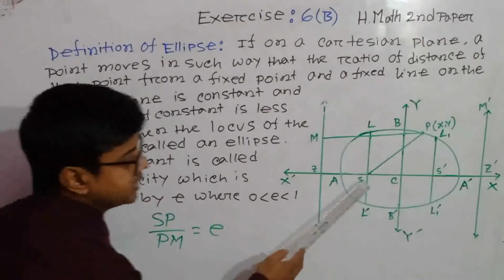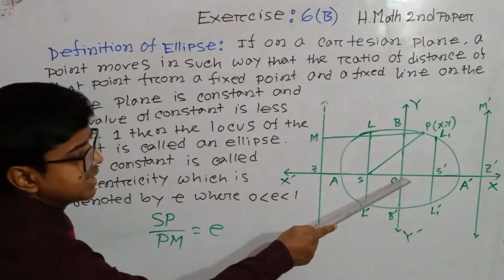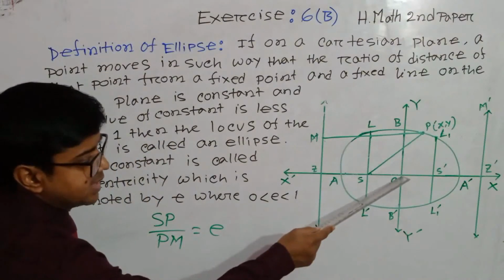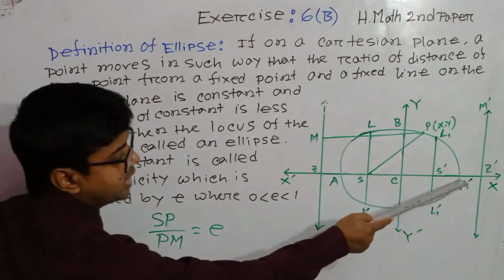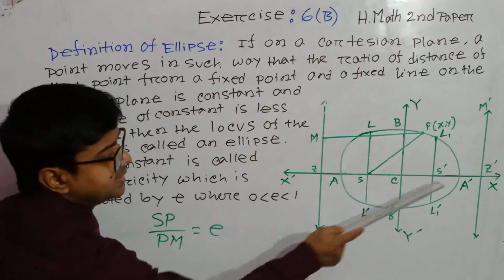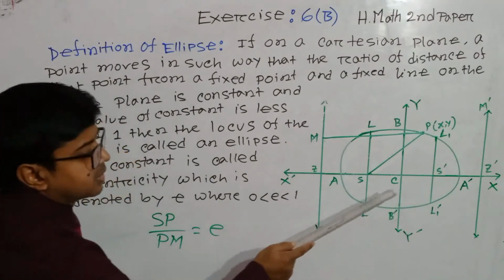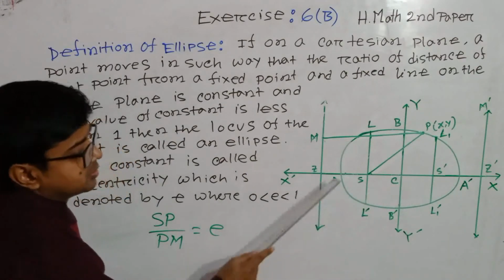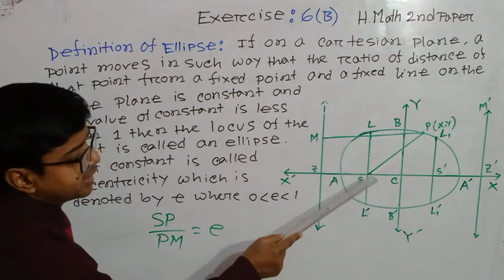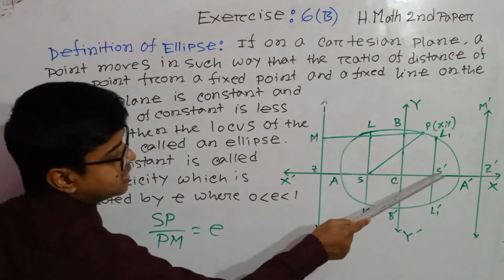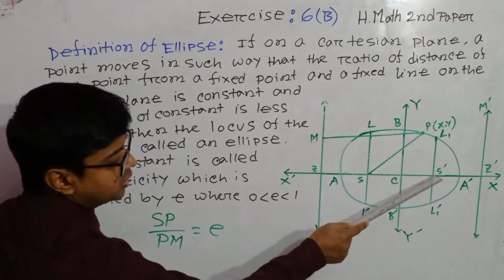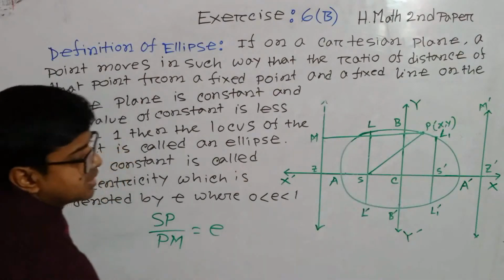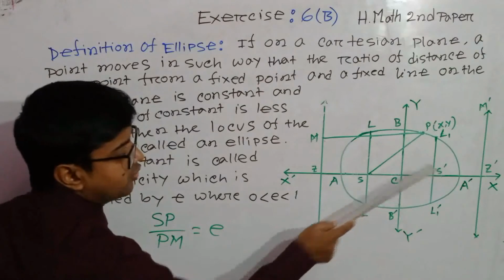And look at this. Here C is the center of the ellipse, and the two points A and A prime that lie on the ellipse are called vertices. The two points S and S prime are called foci.